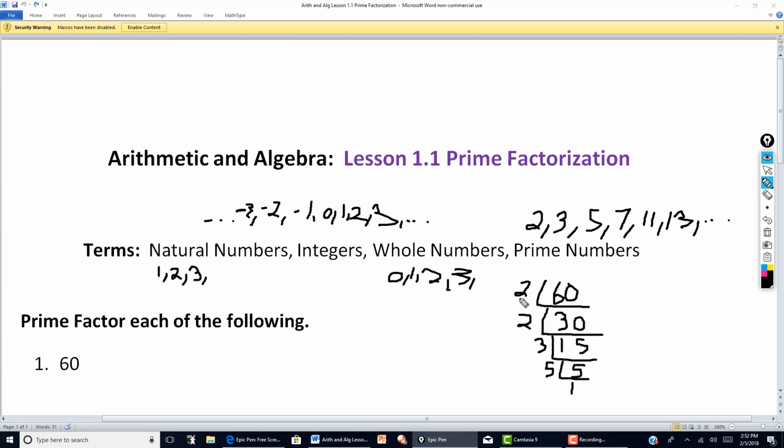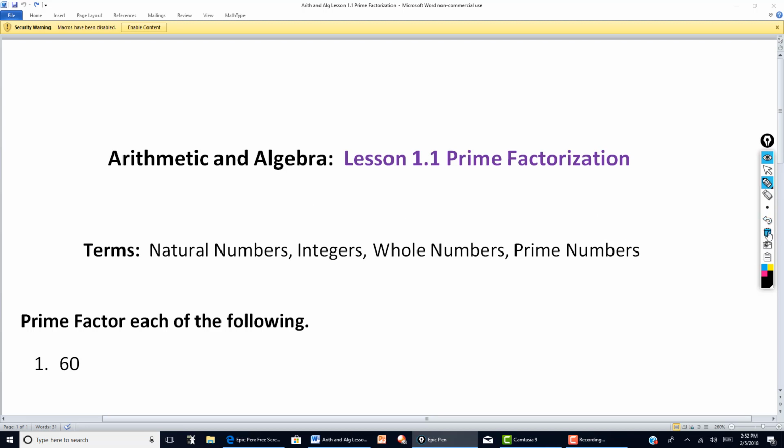So if I multiply these numbers on the left side, the 2 times the 2 times the 3 times the 5, that's going to give me 60. So that's the factorization. So I can go ahead and delete these.